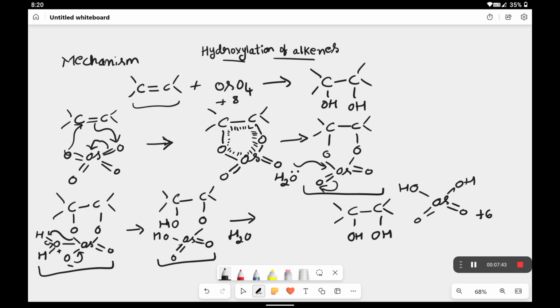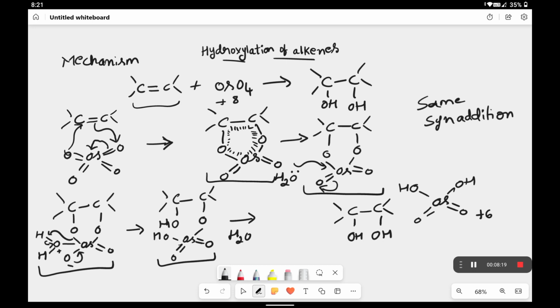And one thing we want to tell about this hydroxylation of alkene: since it forms a cyclic inorganic ester, the addition of two hydroxyl groups happens on the same face. When the two hydroxyl groups add on the same face, we call this syn addition. In the previous video, we discussed hydrogenation.